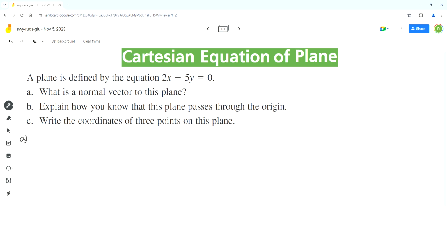The first step is to write the general equation of a plane in Cartesian form. In this equation, A, B, and C represent the components of the normal vector to this plane.